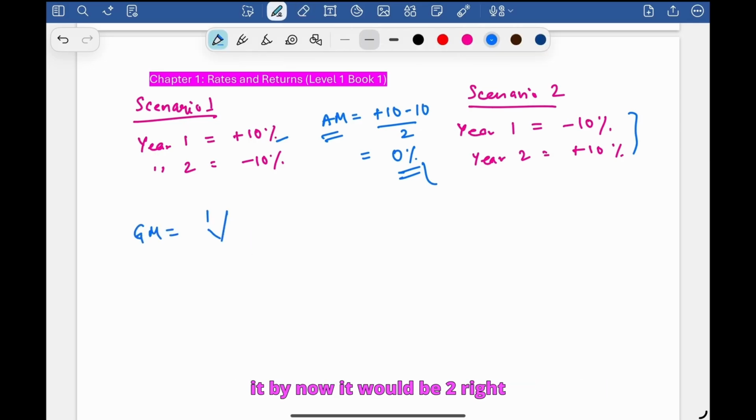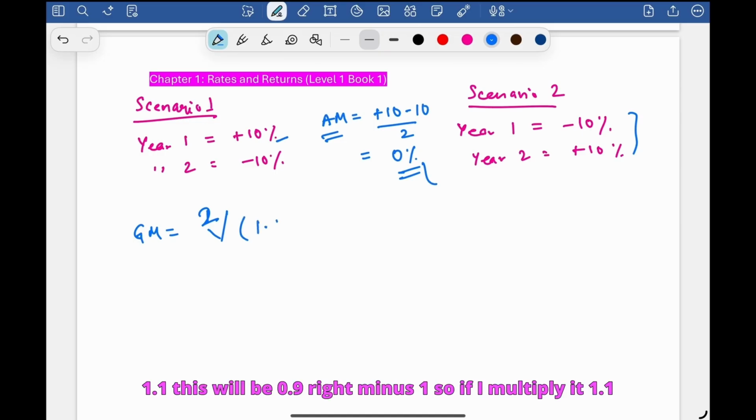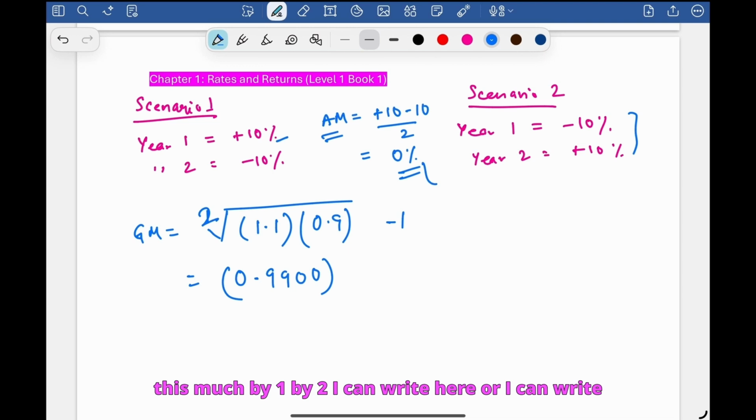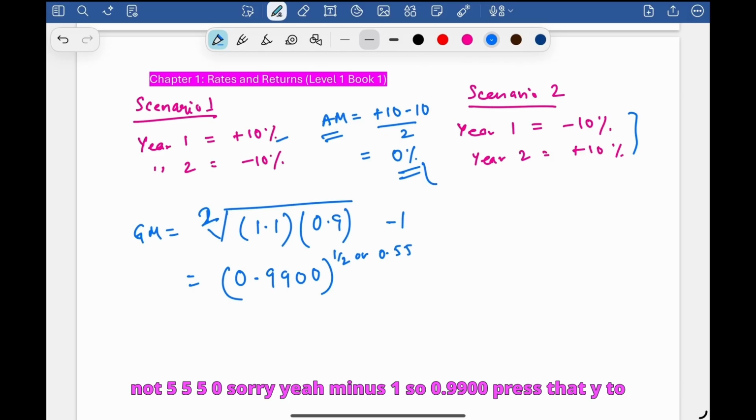It would be 2, right? 1.1, this will be 0.9, minus 1. So if I multiply it, 1.1 multiplied by 0.9, it's coming out to be 0.99, to the power 1 by 2, minus 1.